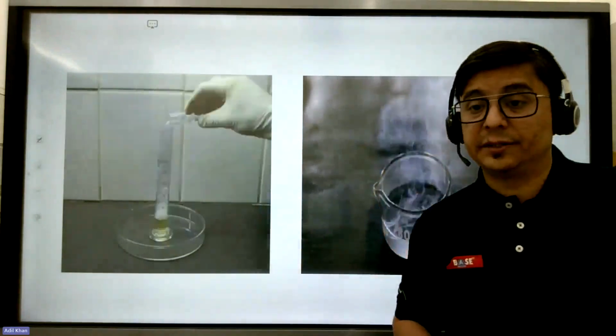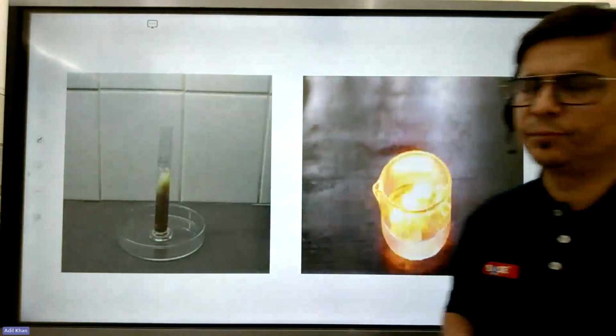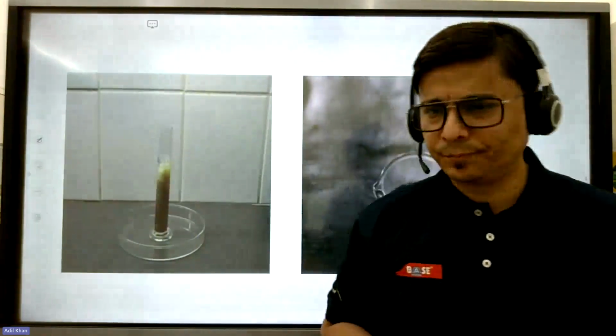So the next topic is the various types of reaction which you see in chemistry for your level. Multiple reactions are there. Combination reactions are there. Decomposition reactions are there. Displacement reactions are there, simple or single displacement and double displacement reactions are there.